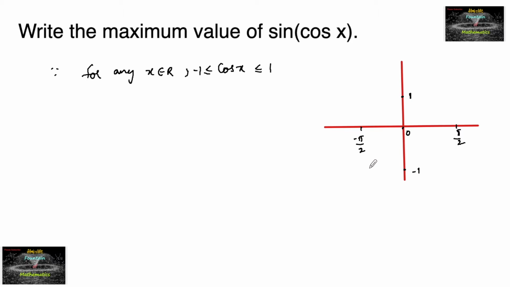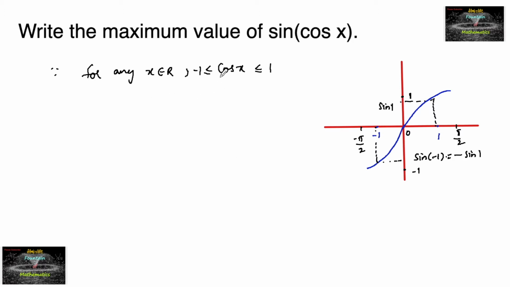The graph of sin x can be taken, where -1 and +1 will be between -π/2 and +π/2. So its corresponding values can be taken: sin of -1, that is minus sin 1, and at x equal to 1, its corresponding value is sin 1.